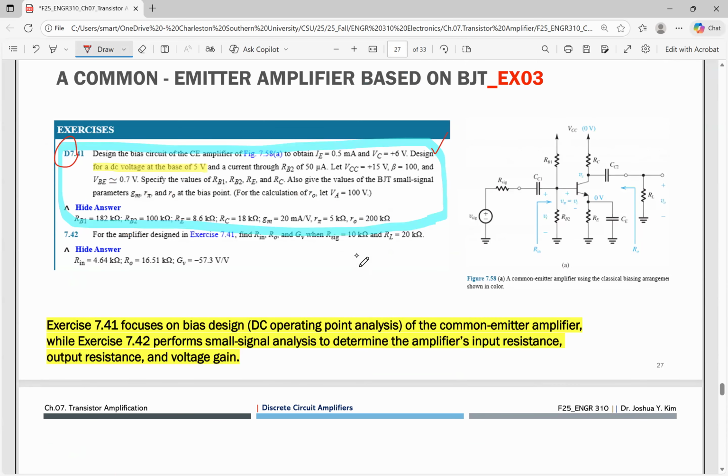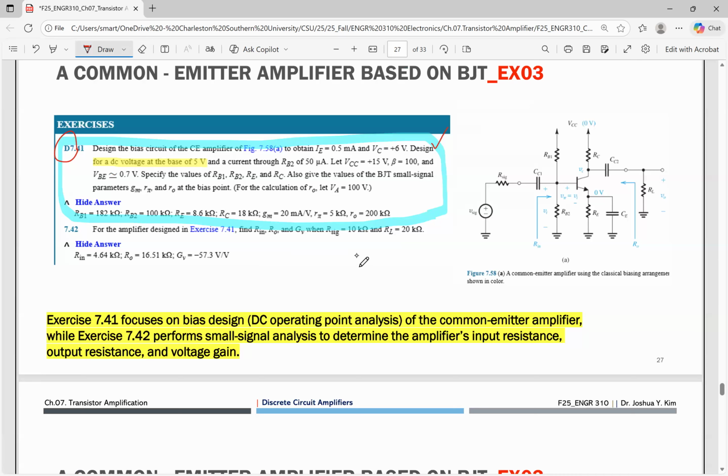The current through R sub B sub 2 is 50 microamps. Then V sub CC is plus 15 volts, beta is 100, and V sub BE is 0.7 volt.